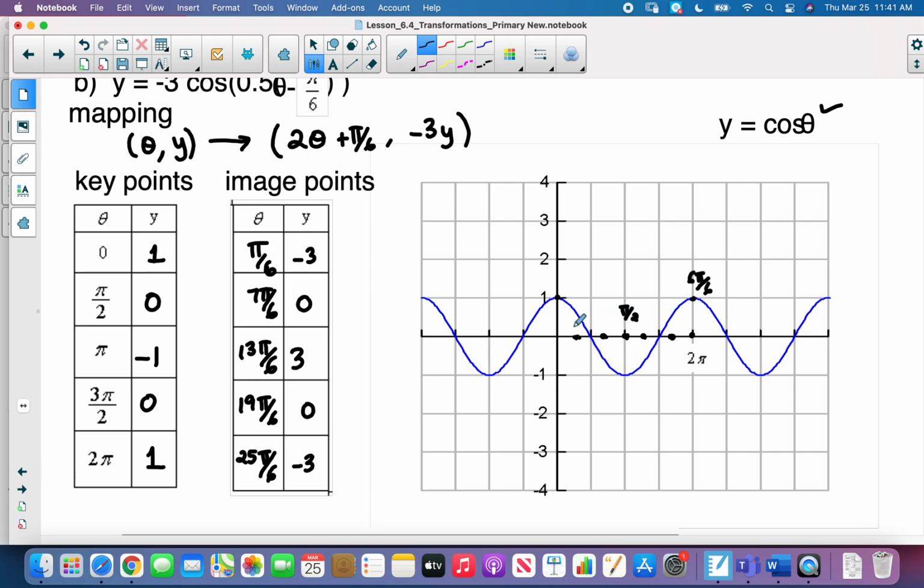Sorry, am I doing it right? 1 pi over 6, this is pi over 2, 3 pi over 6, 4 pi over 6, 5 pi over 6, and 6 pi over 6 should be pi. So there's something off there.